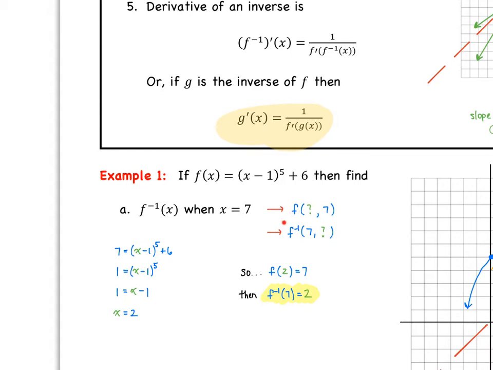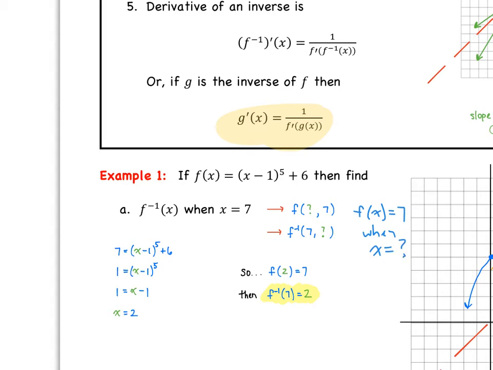Remember, we just switch x and y. I want to find the x value in f when f of x equals 7. So we could really say f of x equals 7 when x equals what? That's what we're looking for.